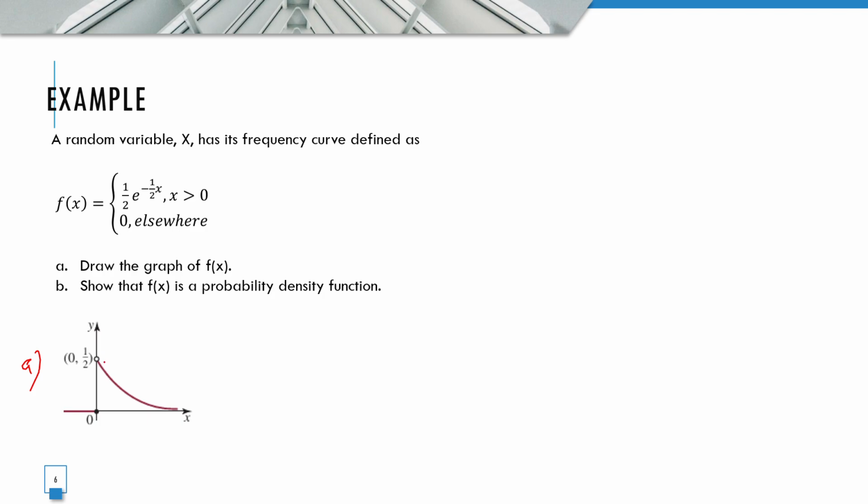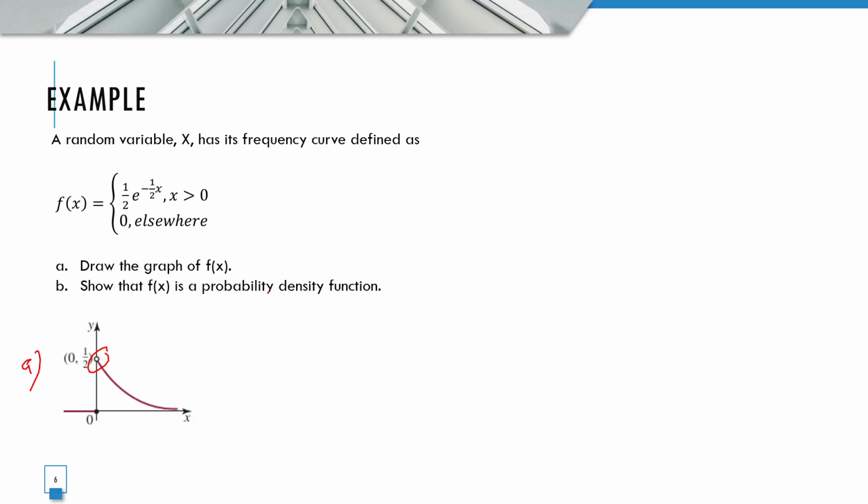But it's an open interval here, and it's a decreasing function starting from the point 0, 1 half, with a horizontal asymptote at y equal to 0. And show that the function is a probability density function.